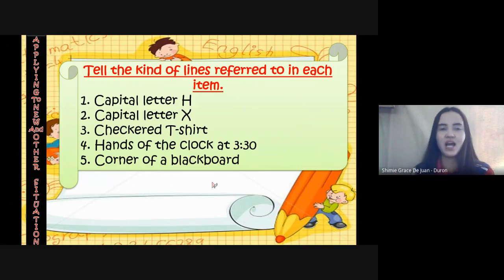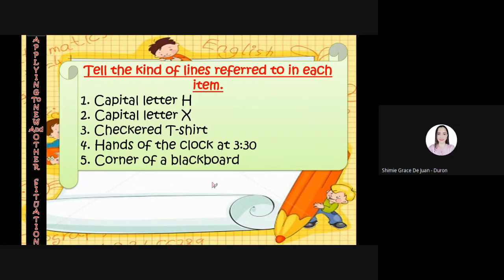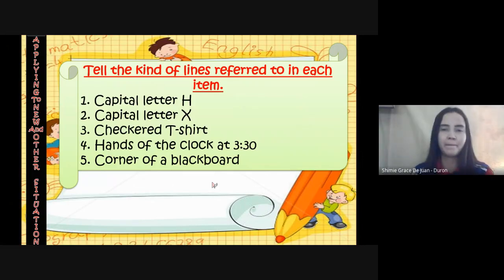So in our daily lives, kids, wherever we could be, there are some lines that we can see. In the daily routines and activities that we do, lines are also included. So that's why you also have to remember, because it is important that you know what kind of line you should make.